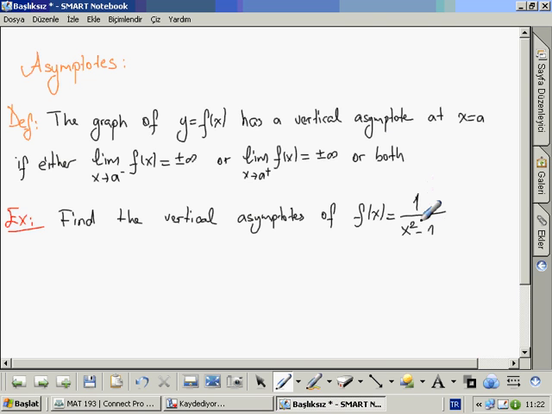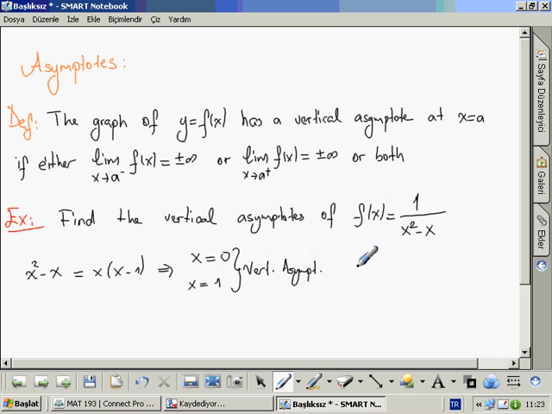I'm sorry, x squared minus x. We know that the denominator part of the function, x squared minus x, equals x times x minus 1. These are the candidate vertical asymptotes, x equals 0 and x equals 1. These are the vertical asymptotes.